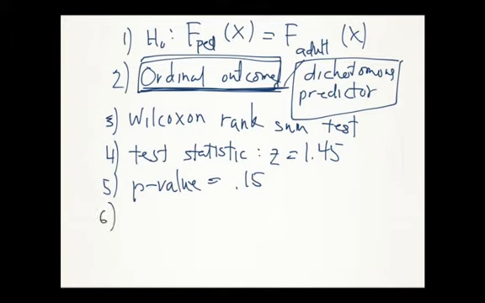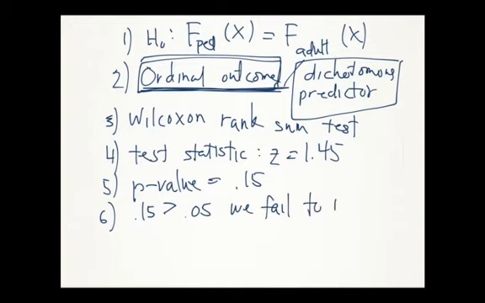But this is where the human comes back into it because we need to interpret these results that the software gives us. So then we say that since 0.15 is greater than 0.05, we fail to reject the null hypothesis.